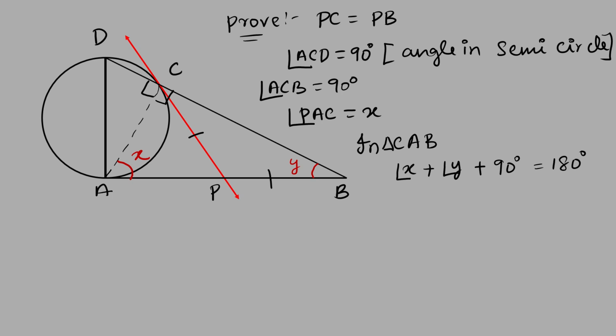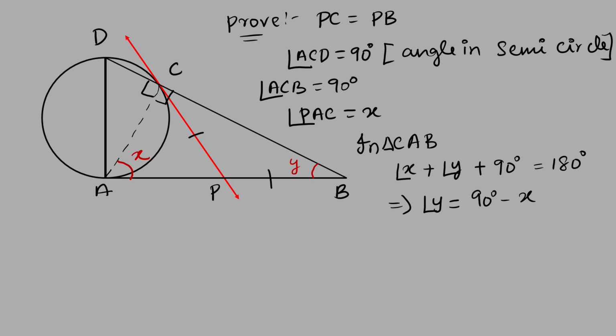Okay, which makes angle Y equal to 180 minus 90 minus X, that is 90 minus X.